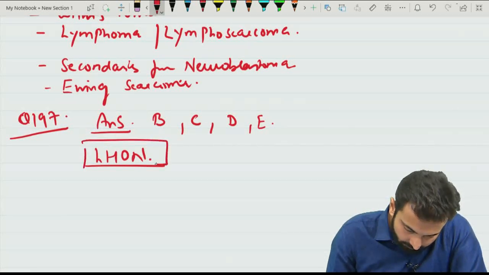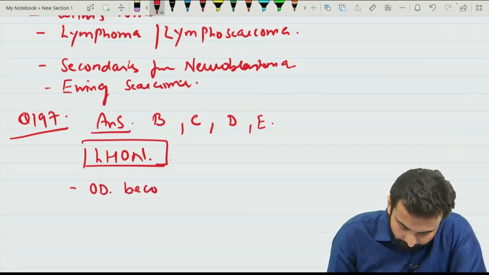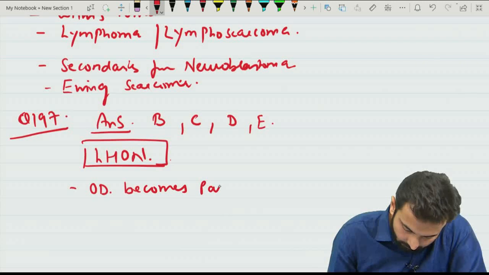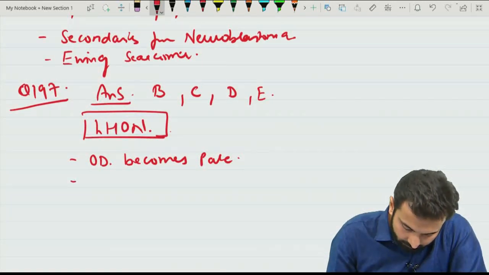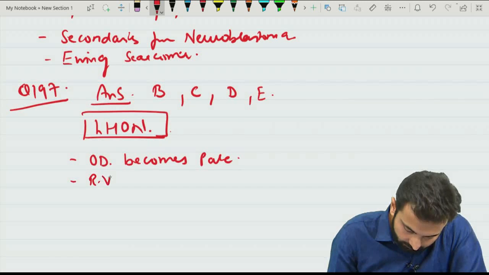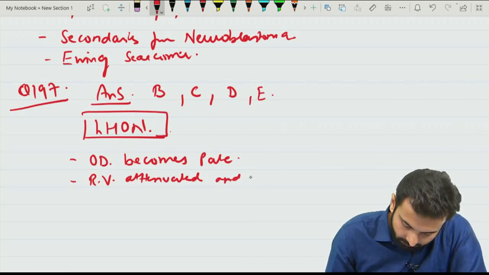So what happens in Leber's hereditary optic neuropathy? The optic disc becomes pale, the retinal vessels become attenuated, and the macula is affected.